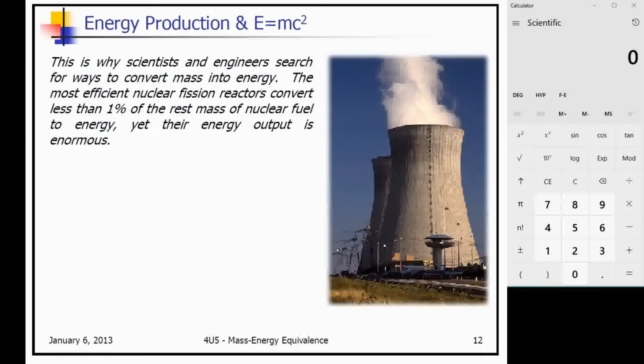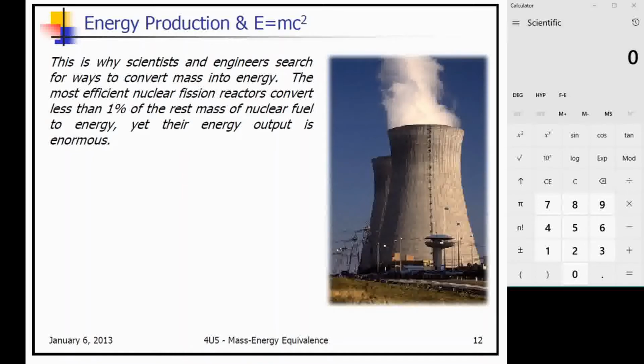This is why scientists and engineers spend a lot of time and money and energy looking for ways to convert mass into energy. If we can use nuclear energy, very small amounts of mass defect can be converted into very large energies.